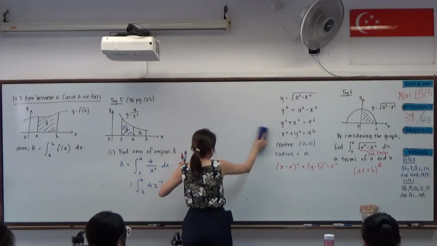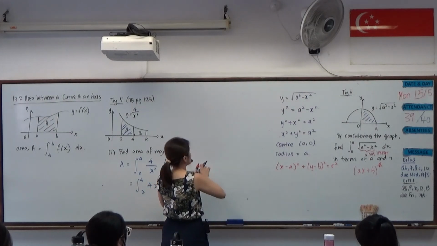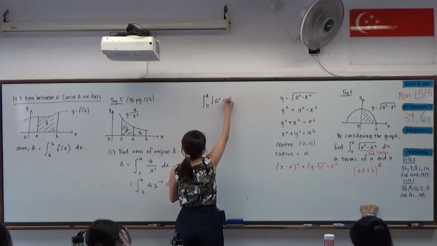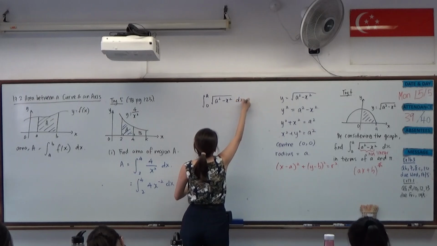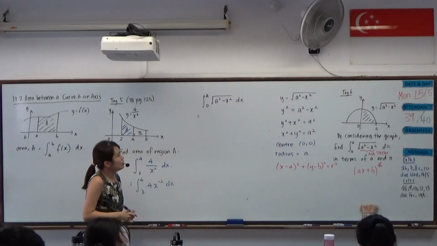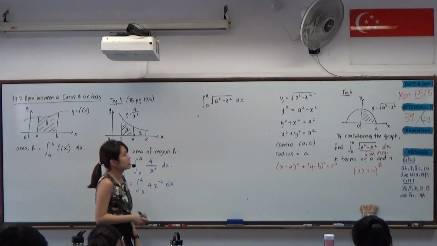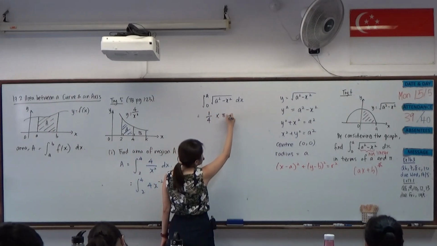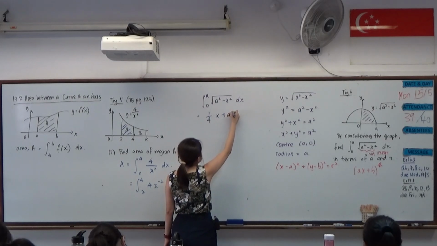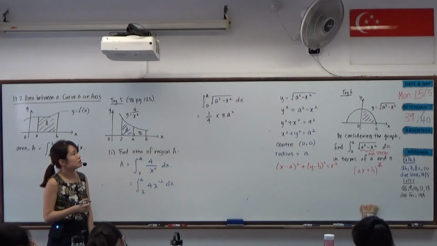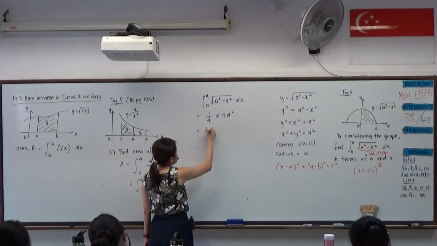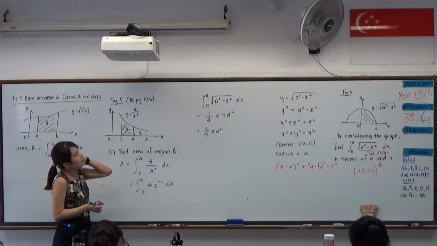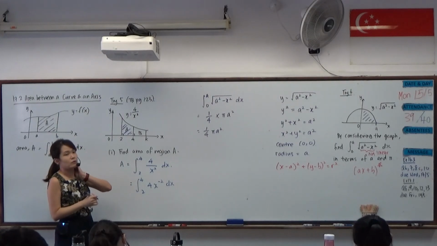So to determine the integral from 0 to a of the square root of a squared minus x squared dx, that also means that it's the area of the quarter circle. So that is 1/4 of your pi r squared, whereby your radius is a, so pi a squared. Okay, and that leaves us with 1/4 pi a squared. So in fact, we're not doing any integration in this question.